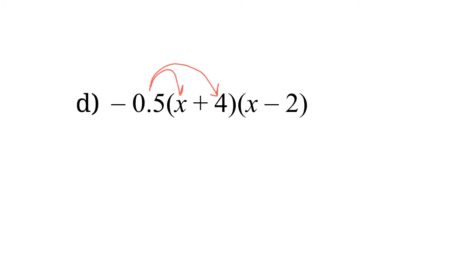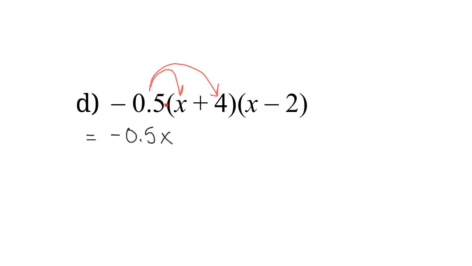So I'm going to take this negative 0.5 and distribute it first into its bracket, and then I will take what's left over and perform the FOIL method with that. I'm going to begin by distributing. I've got a negative 0.5 multiplied by x, which is going to give me negative 0.5x.